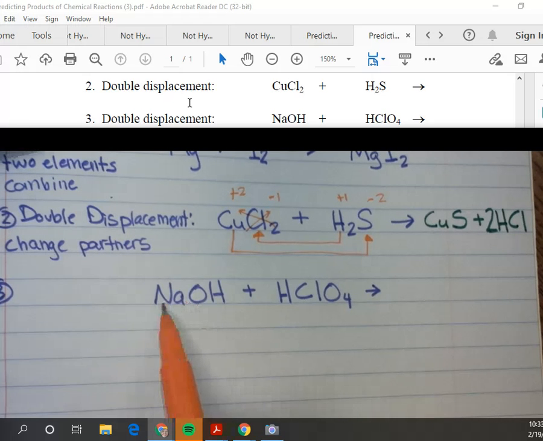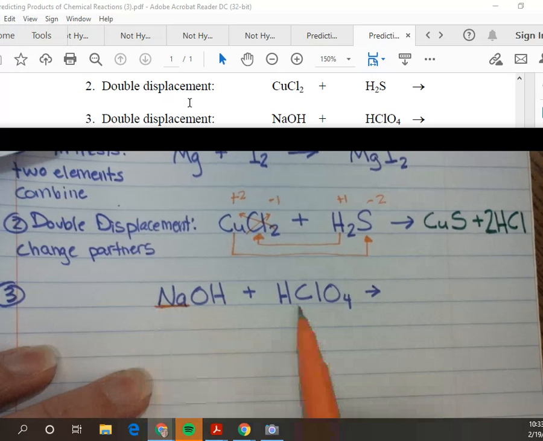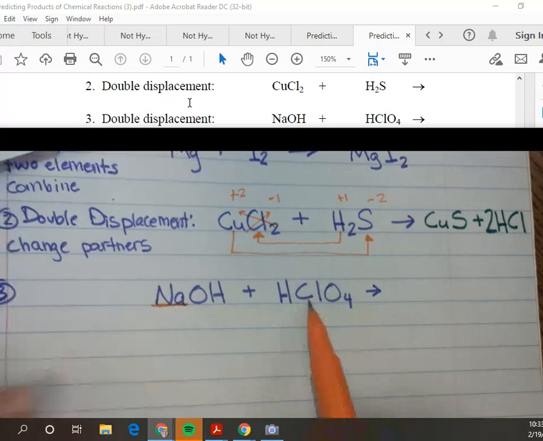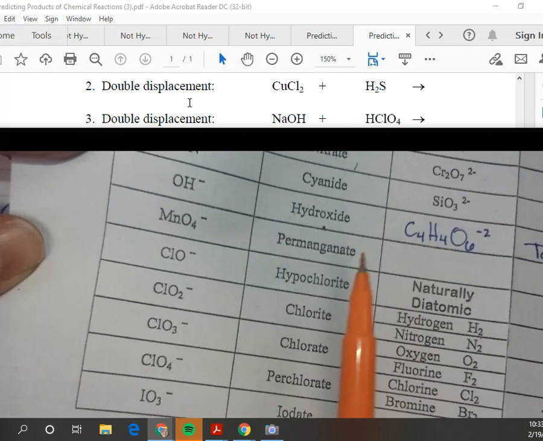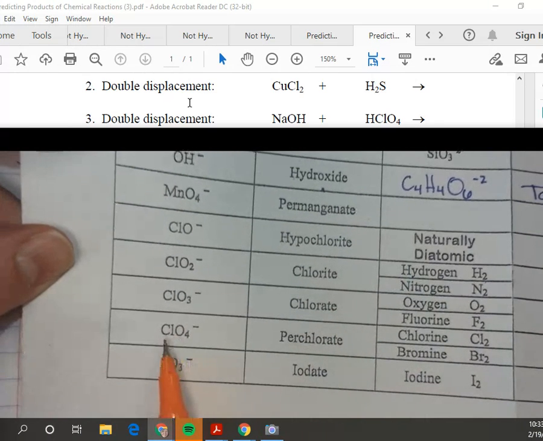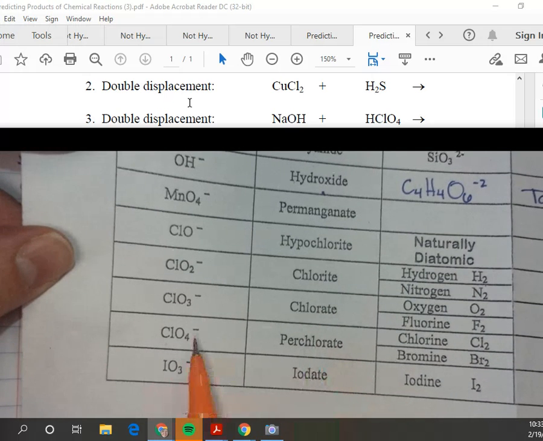well, I know that we're talking mostly about ions here, and I know that sodium is the first, but the last. Is it oxygen? What is it? If I look at my cheat sheet, I will find that ClO4 is perchlorate. And it has a -1 charge.